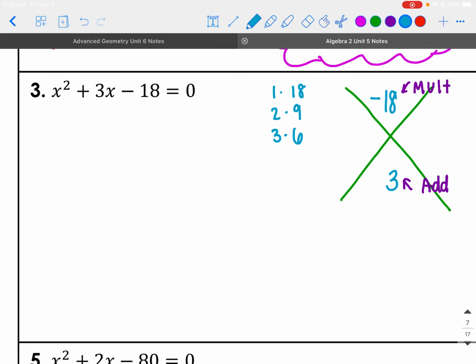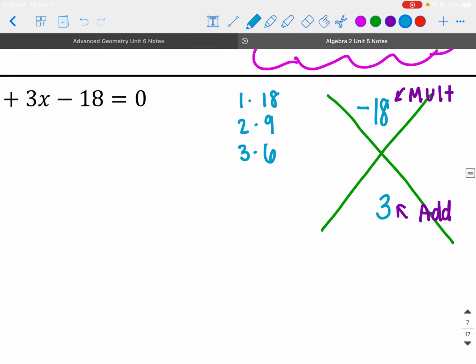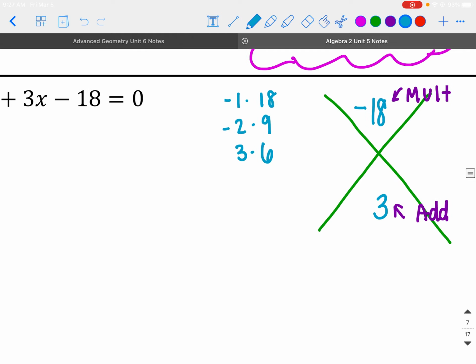And now we want to know how I can add to get positive 3. So remember, when we multiply, one of those has to be negative. So let's just go ahead and make the first ones negative. Negative 1 plus 18. What is that?